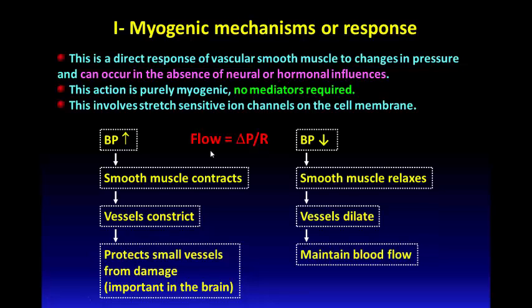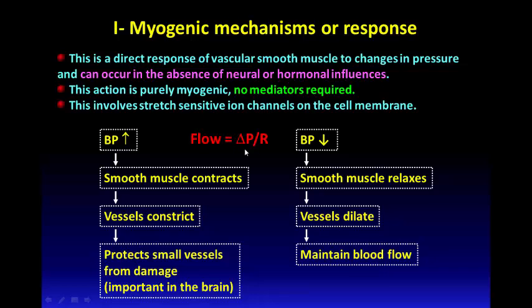On the other hand, when the mean arterial blood pressure is dropped, the smooth muscle cells in the arteriolar walls relax and the vessels dilate. And when the vessels dilate, the resistance decreases.